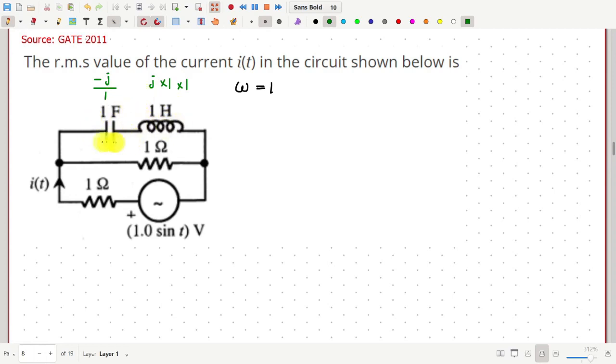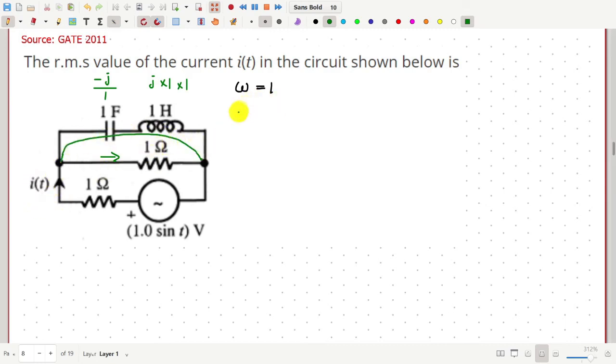So therefore, this path will act like a short circuit path to this particular frequency of the source. And in parallel with that there is a resistance, but no current will go through this resistance because this is shunted by a short circuit.